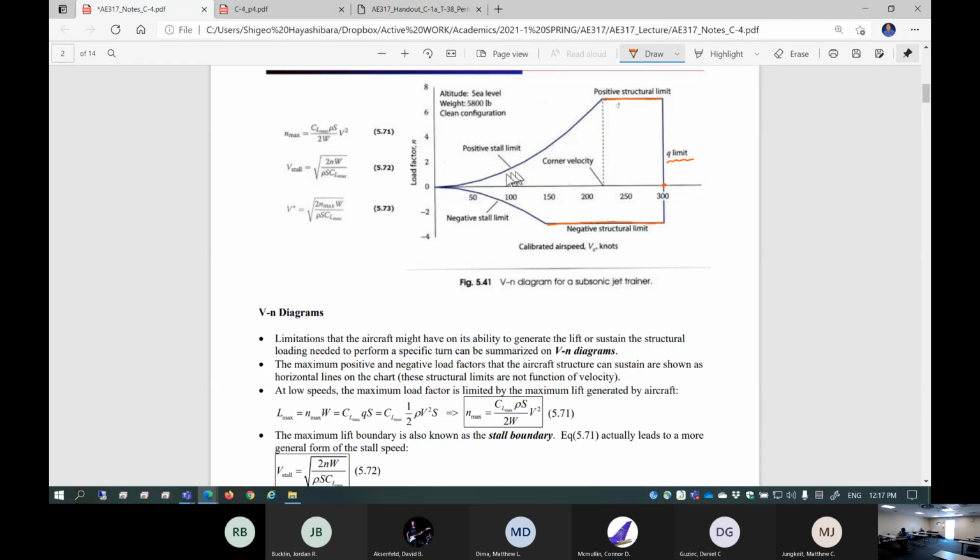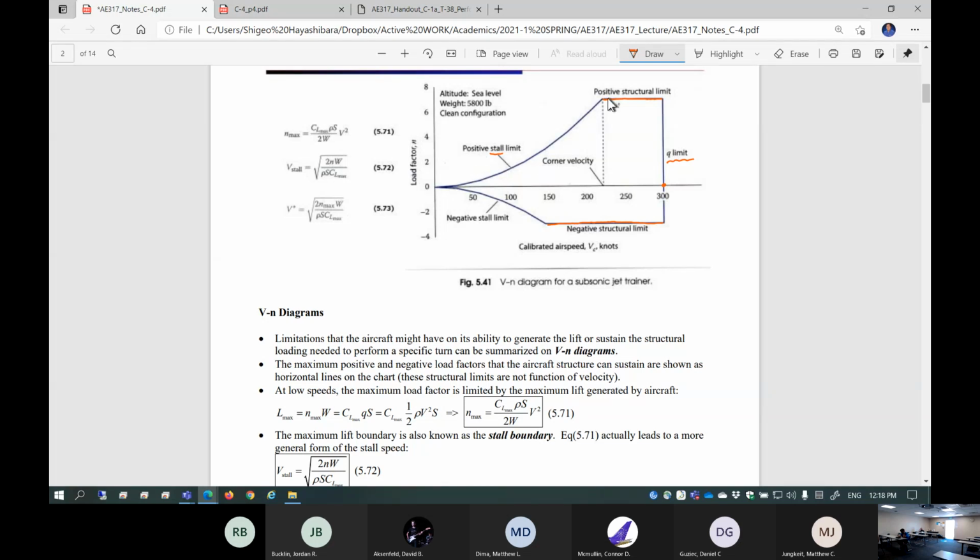Now, for lower speed, on the positive maneuver side, the limitation is based on the stall. In other words, if you try to pull a high G maneuver, before you reach that load factor, your airplane will actually stall. So the limit is a stall.